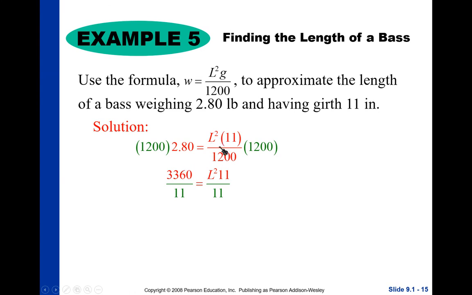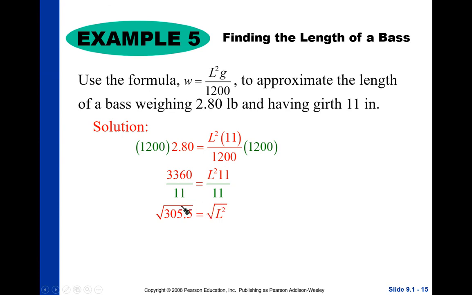Then, bring down natin si L squared times 11. Gusto ko kasi matira lang yung L squared dito sa kabilang side, so cancel natin siya by dividing both sides by 11. L squared na lang yan.